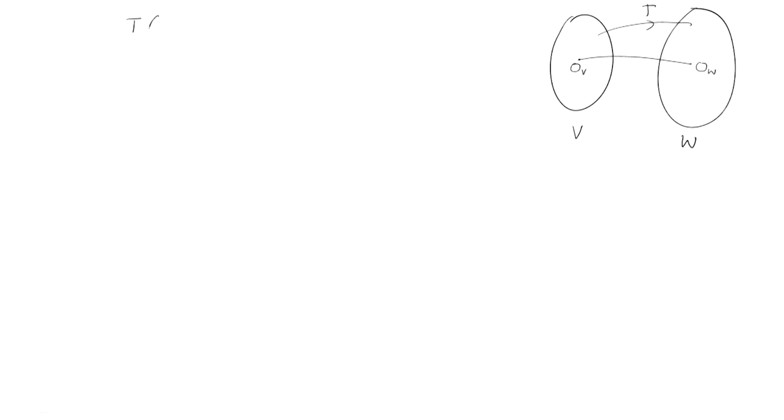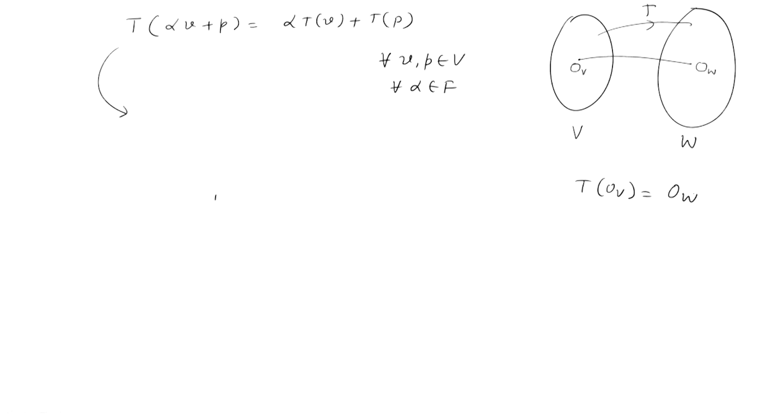You see that for a linear map, T of alpha V plus P is equal to alpha times T V plus T P, and this is true for all V and P belonging to V and for all alpha belonging to the field, since it is a linear transformation. Now, we have to show that T of 0 V is equal to 0 W. So, you first put P equal to 0, since it is true for every alpha belonging to the field and P and V belonging to V. So, it will be true for P equal to 0 also.